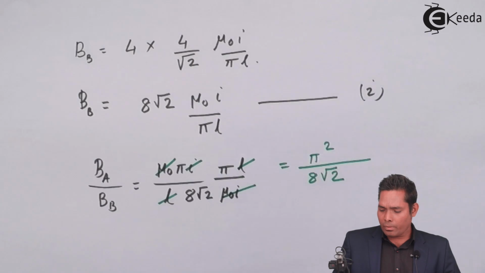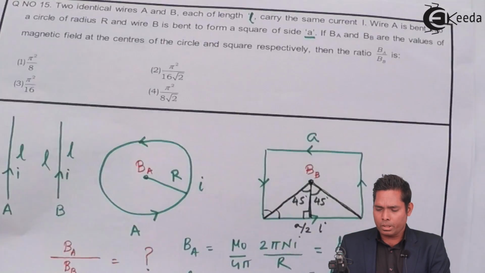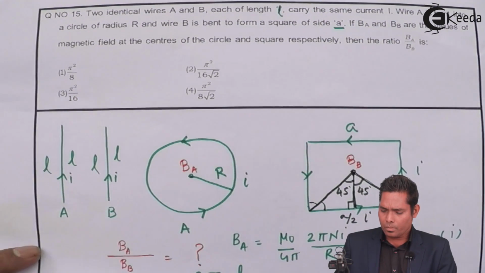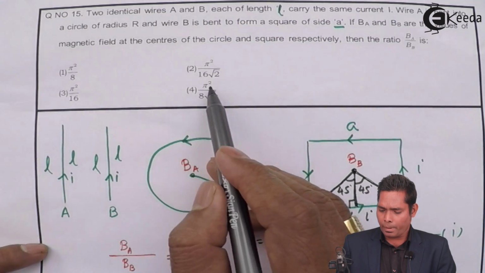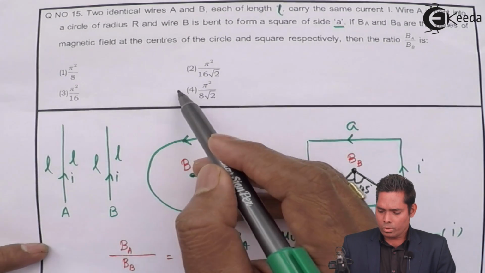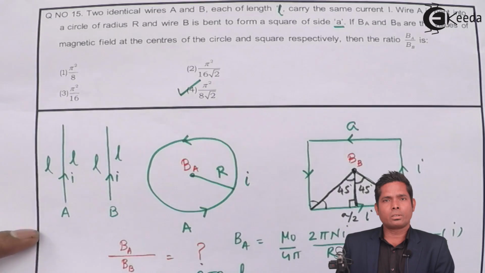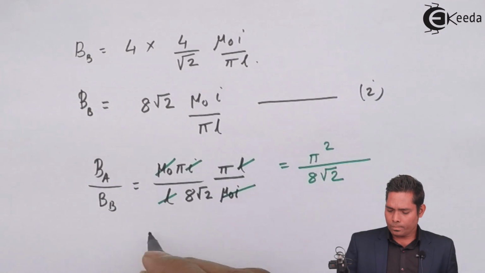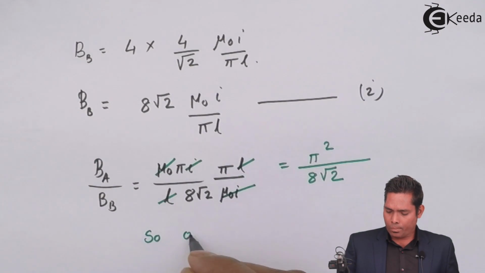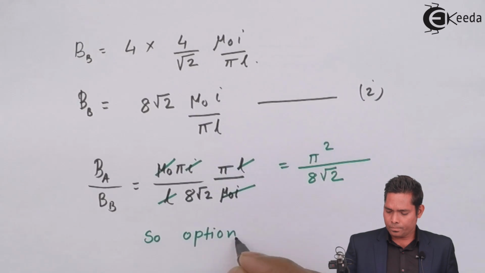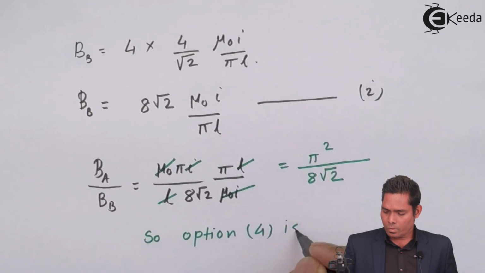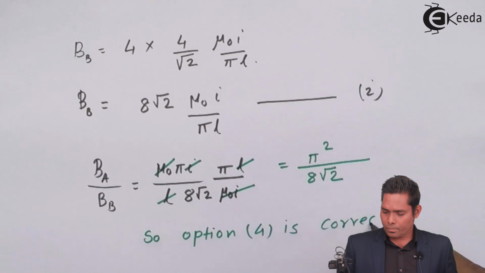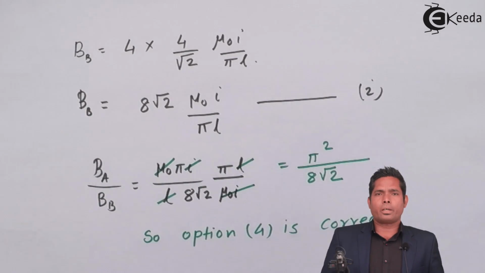So pi square divided by 8 root 2 should be the answer to this question. If I see the options, it is pi square divided by 8 root 2. So option number 4 is correct. Okay, thank you.